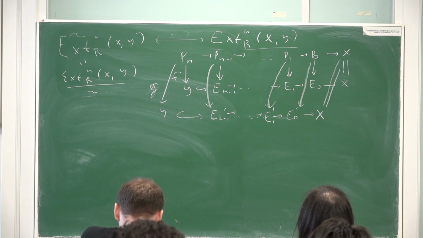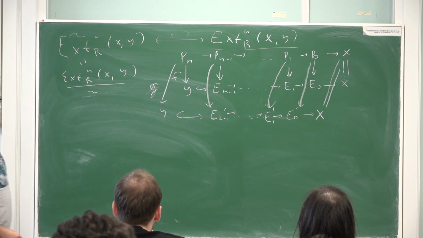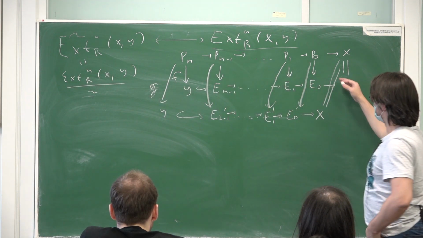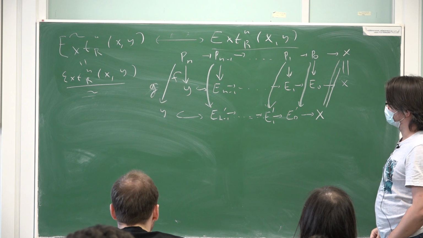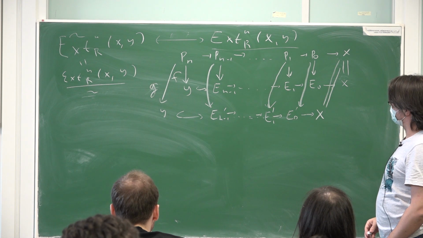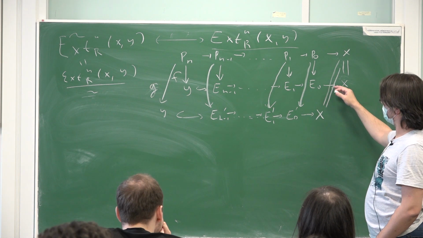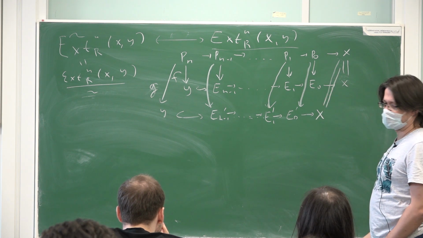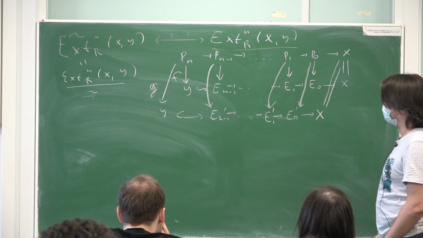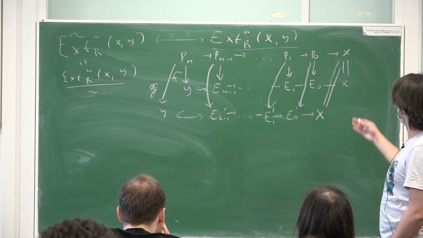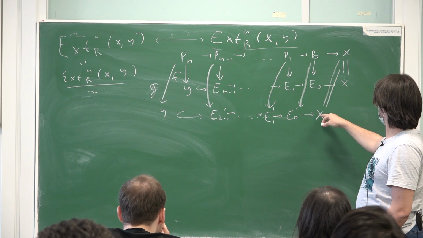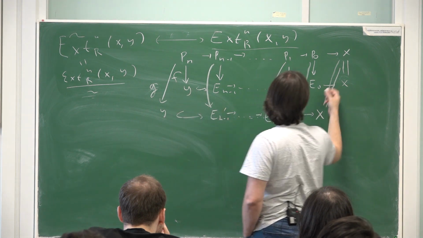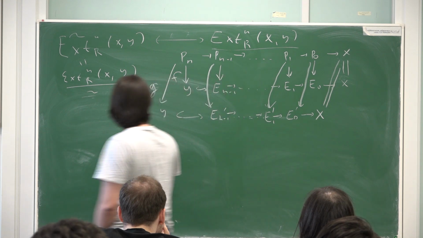So how can we do this? First of all, we can take the direct sum of these extensions, these long exact sequences, and we will obtain a long exact sequence. The only problem is that it will start at y plus y and will end with x plus x.